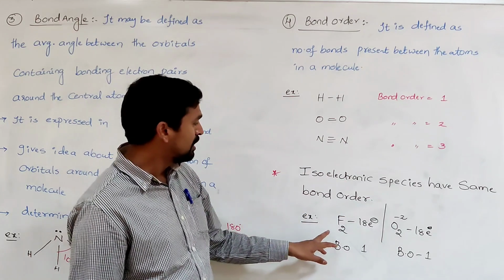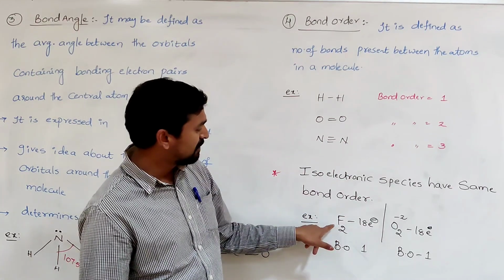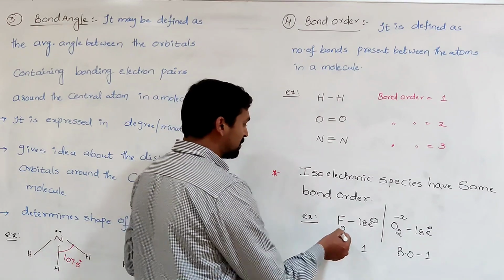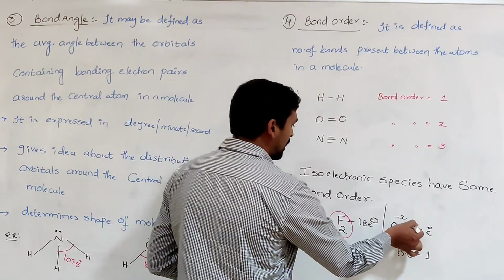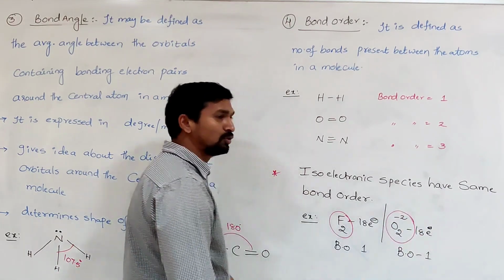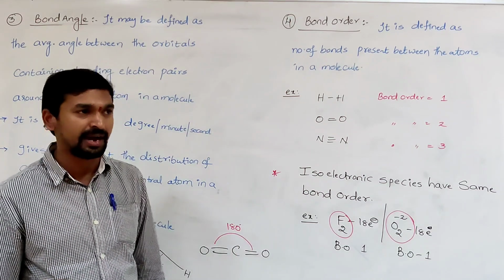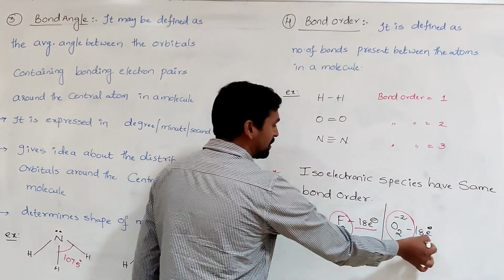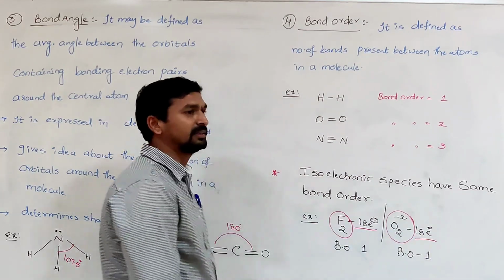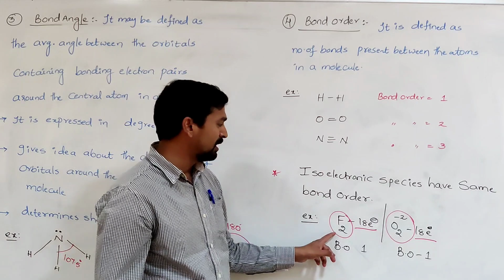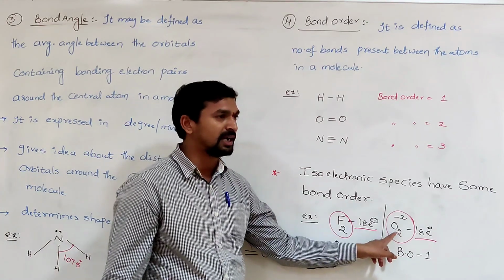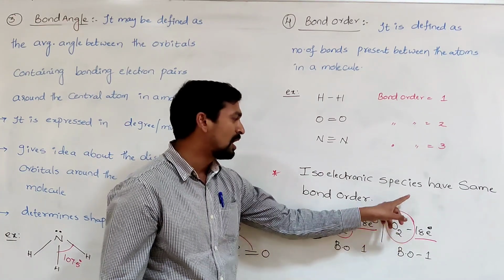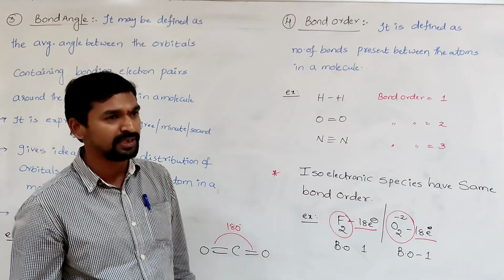For example, here two species are given. One is the fluorine molecule, F2, and the other is O2 2-, called the peroxide ion. In F2 and O2 2-, in both cases the same number of electrons, 18 and 18, are present. That's why the fluorine F2 molecule and the peroxide ion O2 2- are called isoelectronic species.